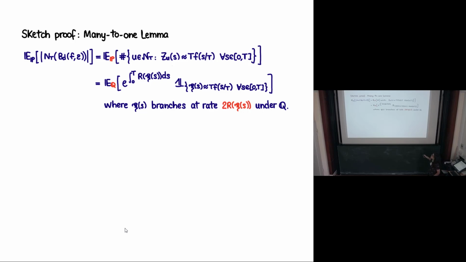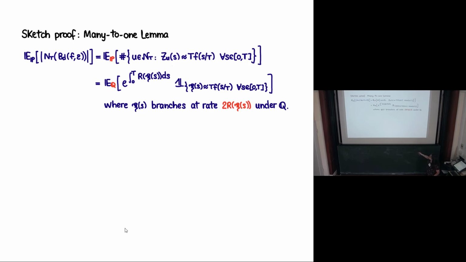And you pay a price, which is the expected number of particles at time t, so e to the integral of the rate function. Then you have the indicator that only the spine is near enough to your function f. So it's really reducing the problem from how many particles you have in generation t to just one infinite line of descent. That's all I want to say about many-to-one.